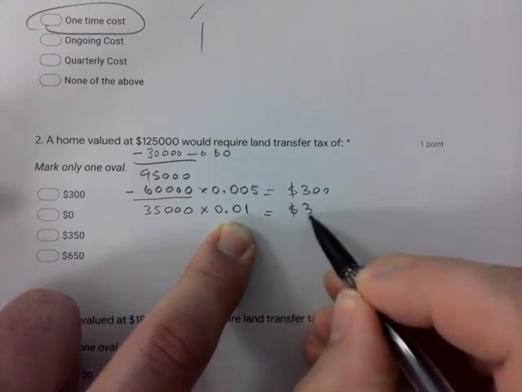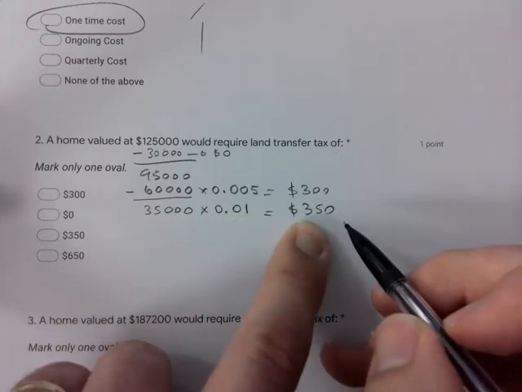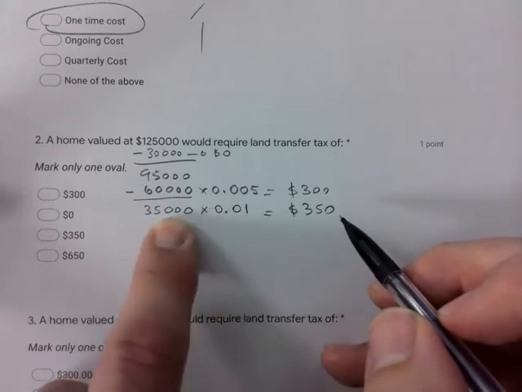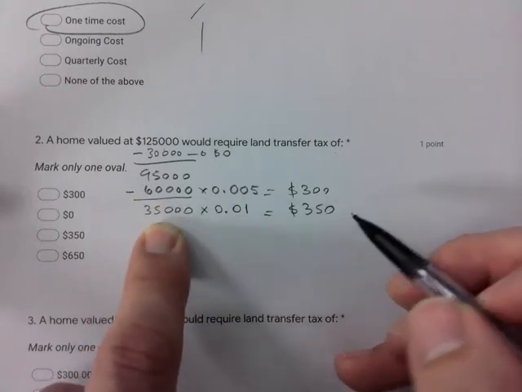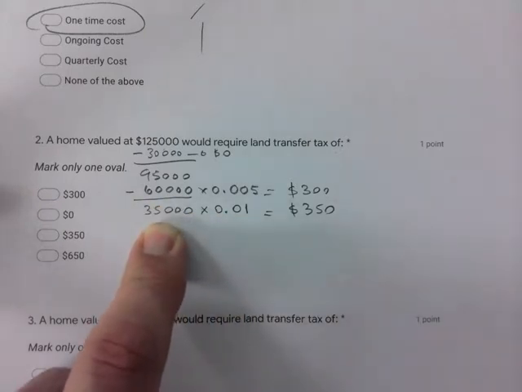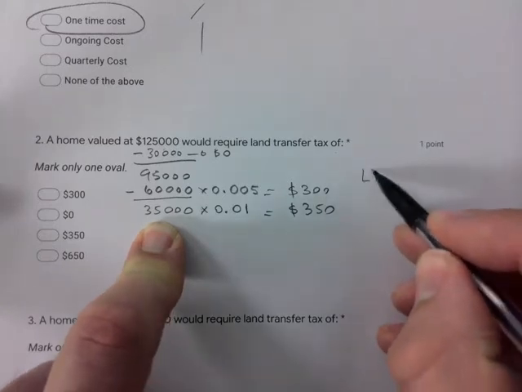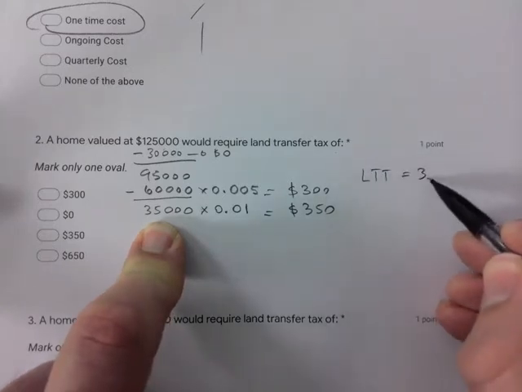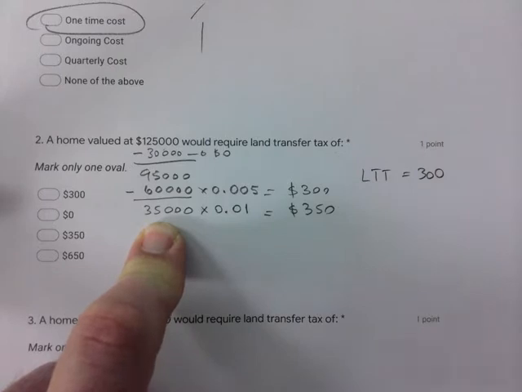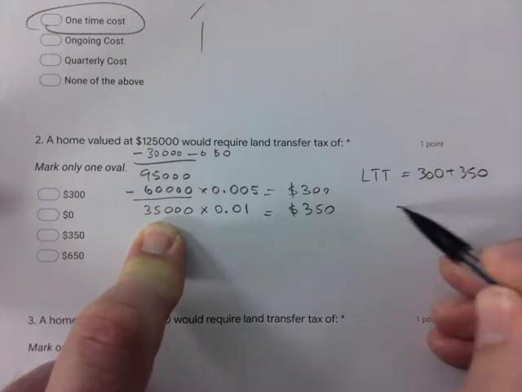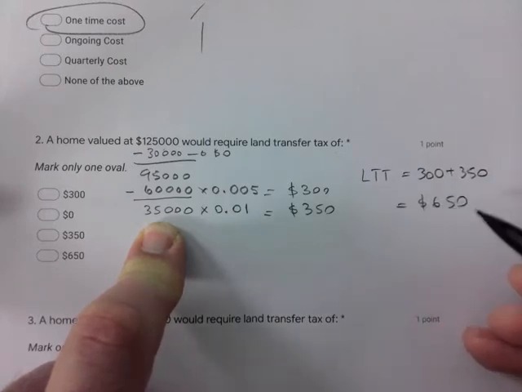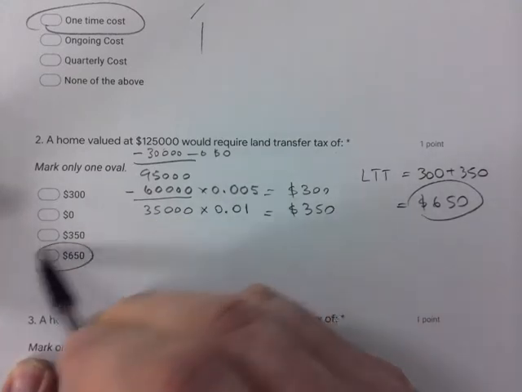So you get 350 out of this that you have to pay for that amount past the second 60,000. Okay? So land transfer tax here would simply be 300 plus 350. So that's 650 bucks. So this is your answer there.